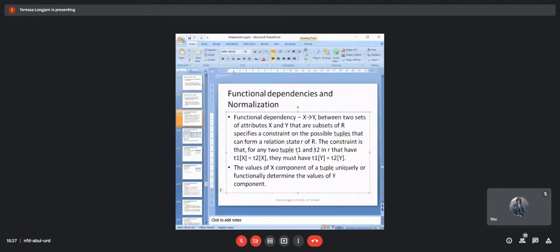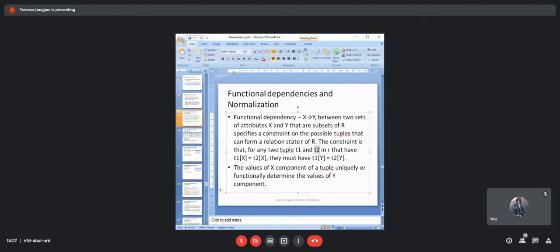Okay, whatever we are defining for the functional dependency, it is for a single table. So in a single table, there are two tuples, tuple T1 and tuple T2.